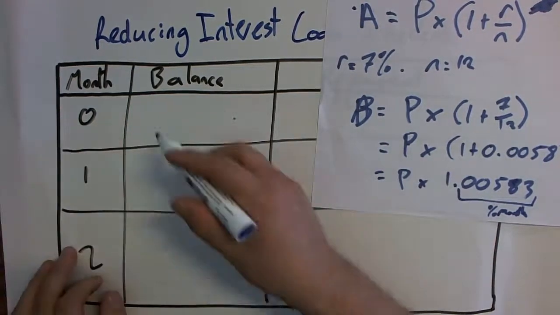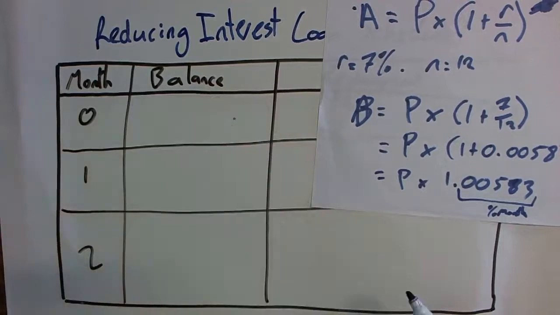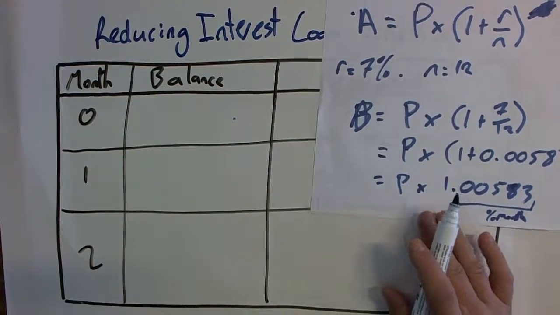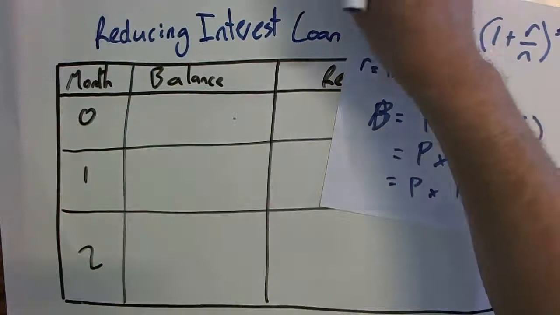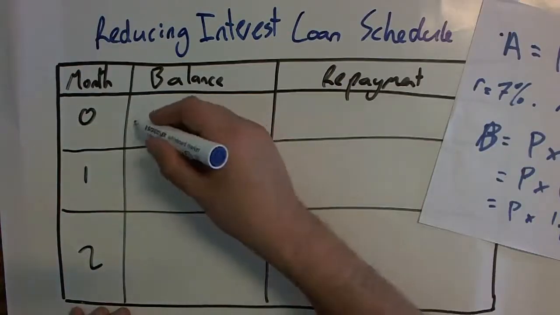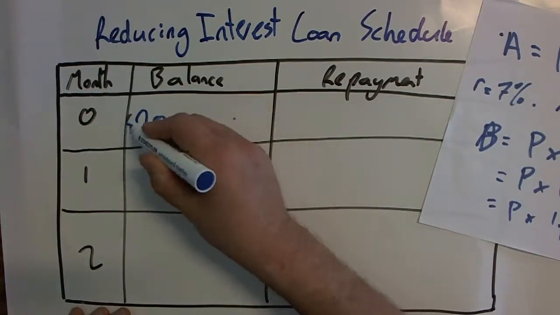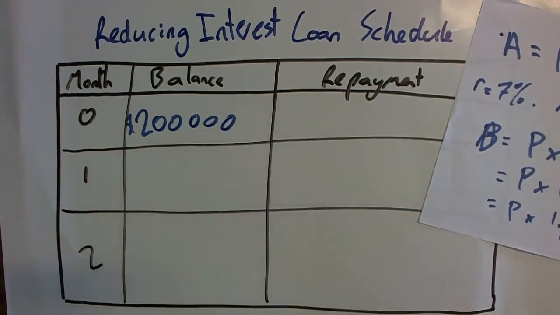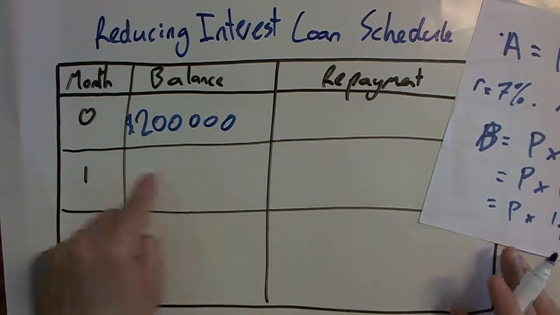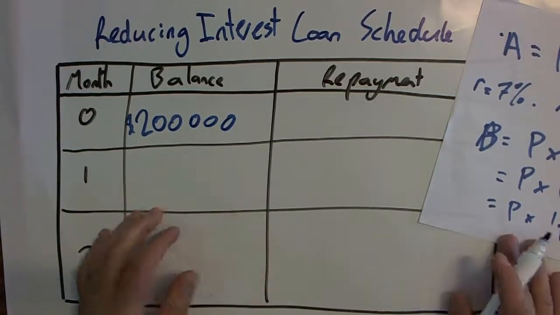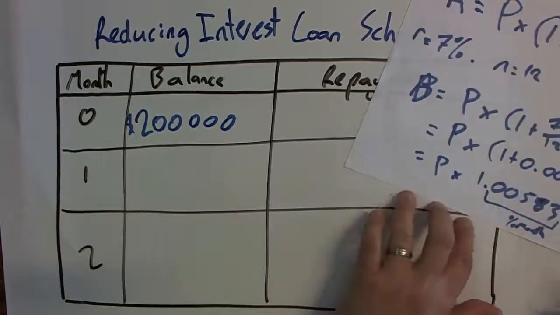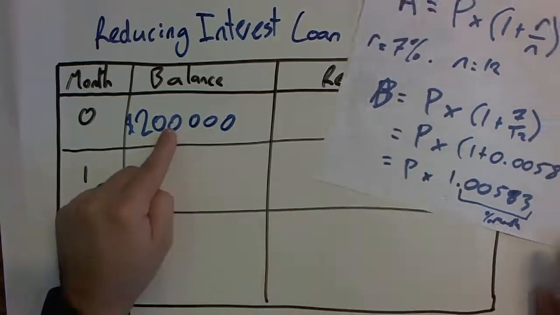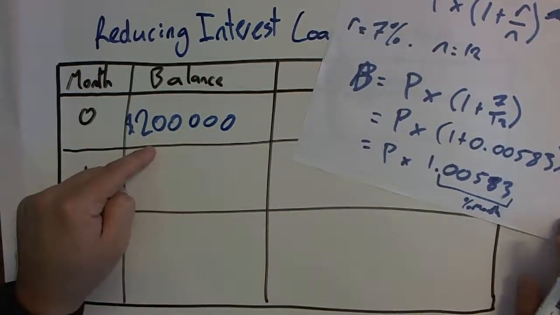Our principal here at month 0 is $200,000. For the calculation for the first month, we take our principal, which is our previous number.